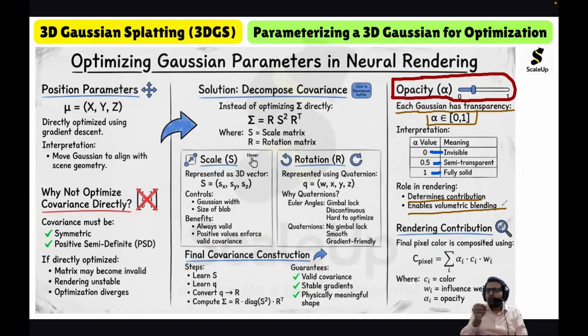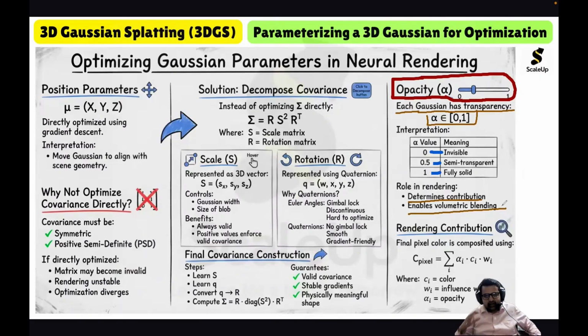By changing the opacity, we can change the blend. Because of this blending, if we change the transparency value of the 3D Gaussians, the blending will change, and because of that the reflection, the lighting, and the texture will change.